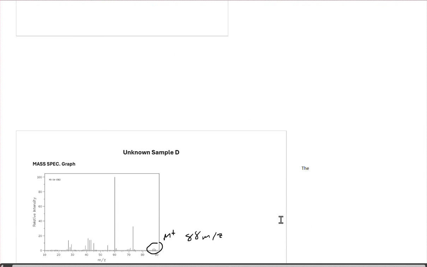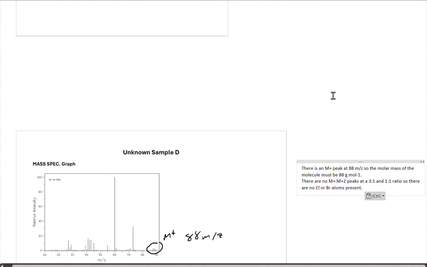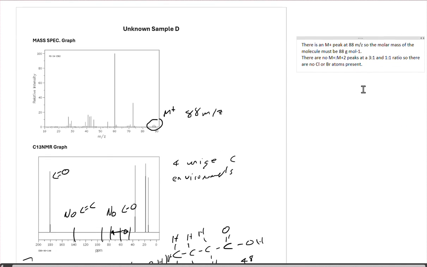So what we would say for a start is that there is an M plus peak at 88 m/z. This means there's a molar mass of 88 grams per mole. We could also say there's no odd number for an amine. I don't need to, but I could put that there. So you could say there is no amine group because there's no odd number.